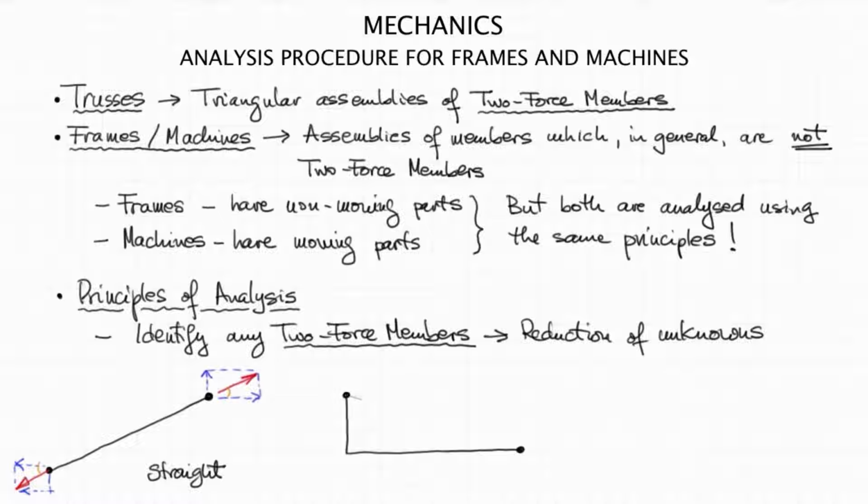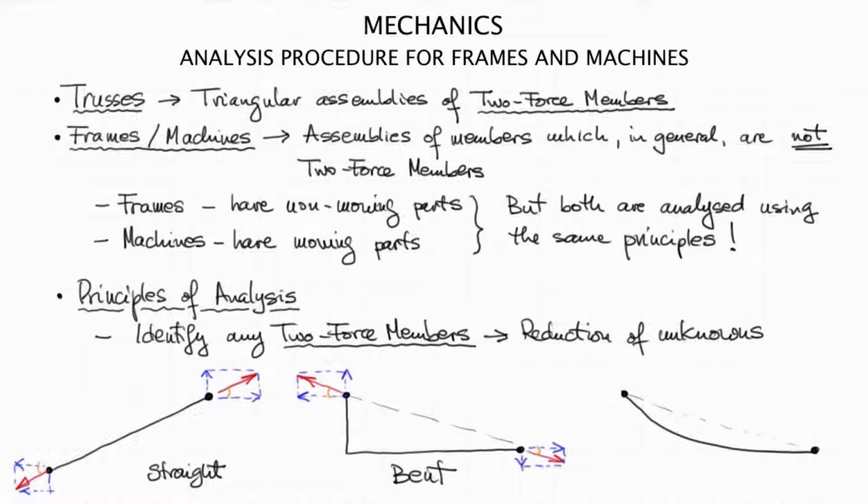Two-force members can also be bent, such as this one, and again the same rule applies. That is, the reaction forces at the end of the two-force member line up with a line connecting the ends of the member. And of course, the same rule will apply also if the two-force member is, for example, curved, like this one.